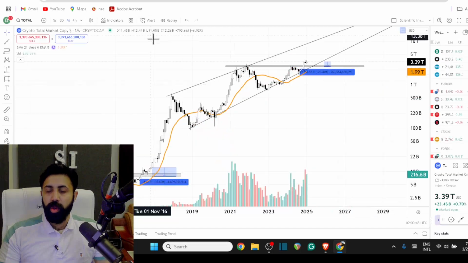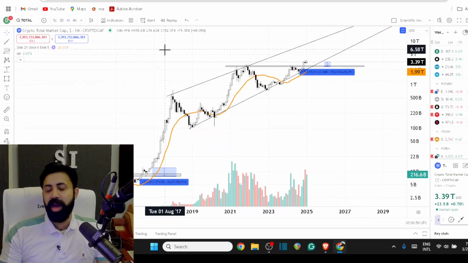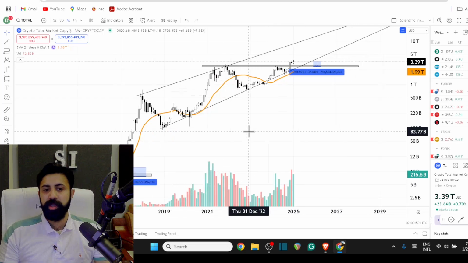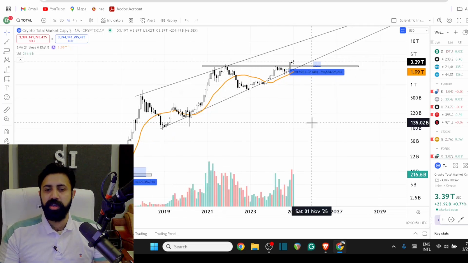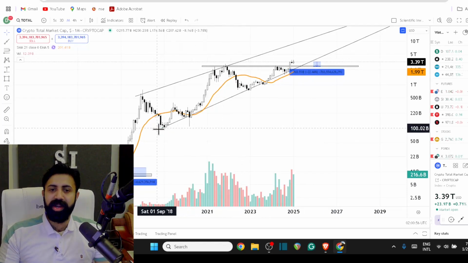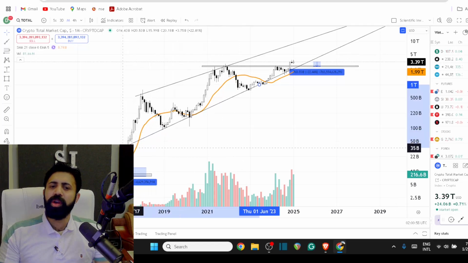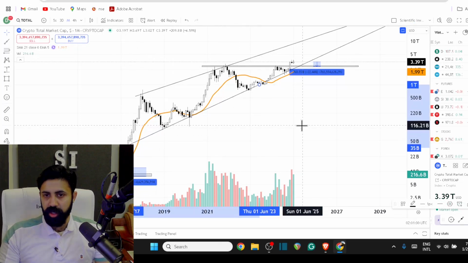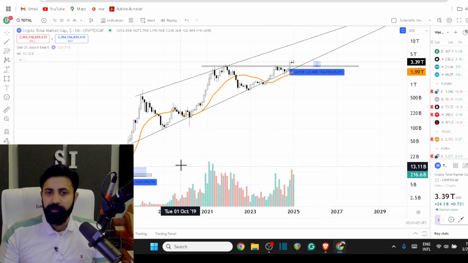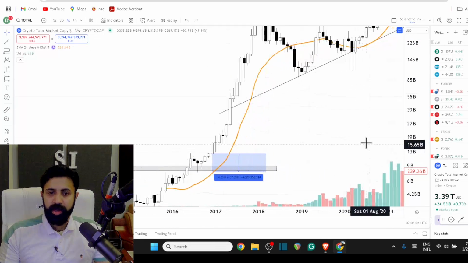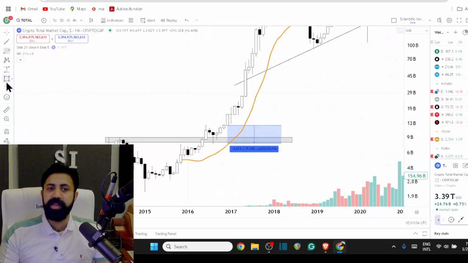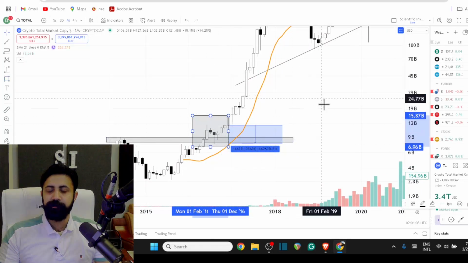Now look at the total crypto market on a macro chart. You're going back like the last 10 years and finding what trend line worked and what we may see in the near future. So if you zoom in a bit, when you go back into the 2017 event, you'll see this.